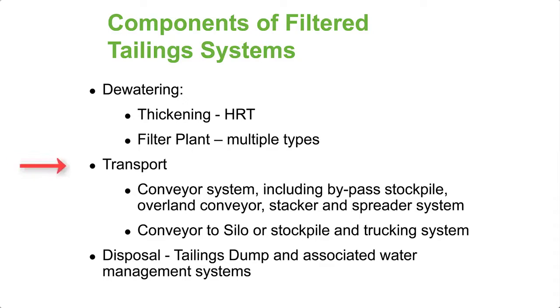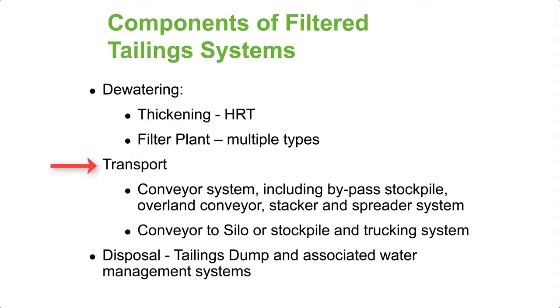Then in terms of transporting it, as I've mentioned, there's a range of systems you can use, but a conveyor system with some kind of stacker and spreader system is common. But if you do have a conveyor system, you often need bypasses for downtimes. You need stockpile areas to make sure that when you are moving your spreader forward and advancing it, you've got somewhere to dump the material.